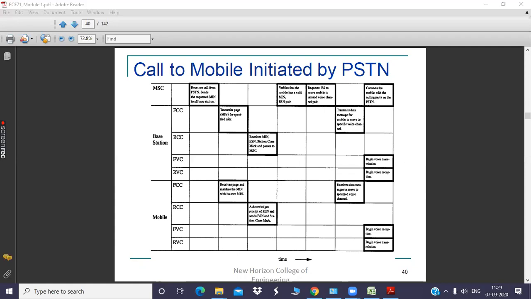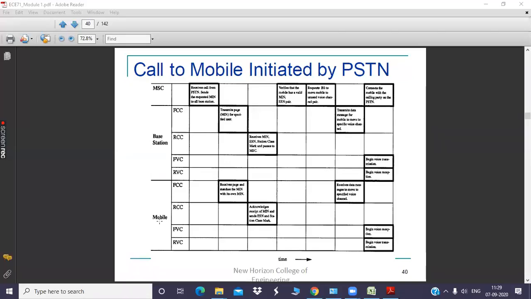Okay. Now coming to the second time slot, the base station transmits page. Page is nothing but MIN. I told you what you mean by page. Page is nothing but a brief information, whatever we are transmitting. Okay. So here the base station transmits MIN for the specified user. Base station will receive the MIN from the MSC, and it will pass the same MIN to the relevant user.